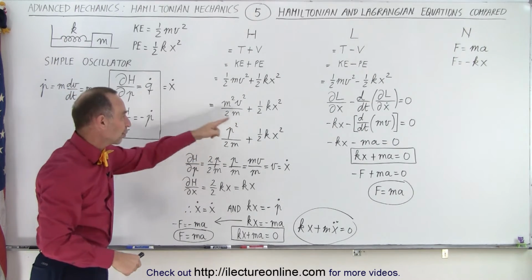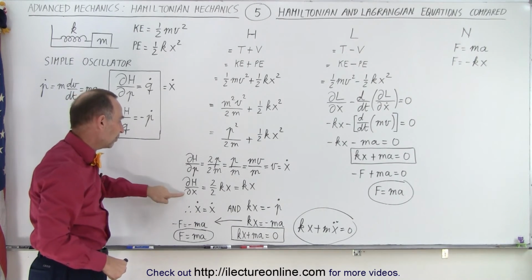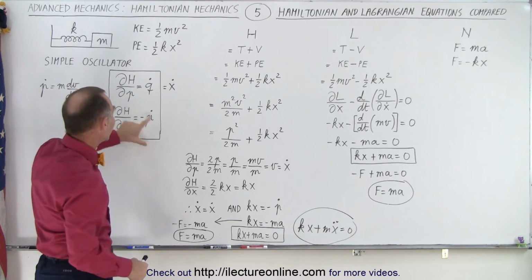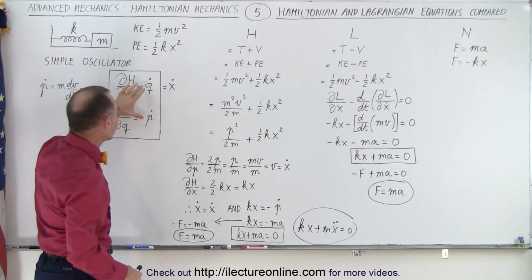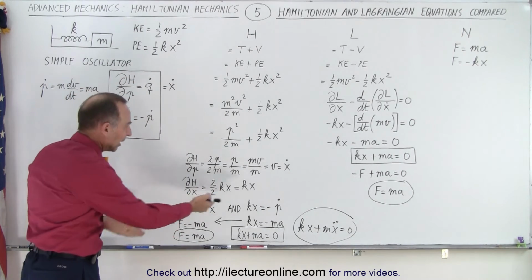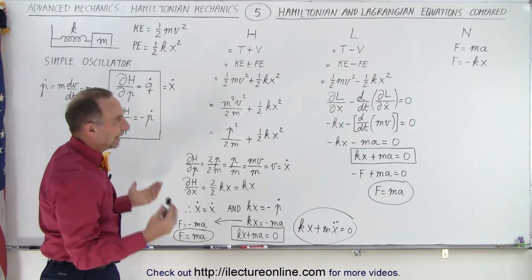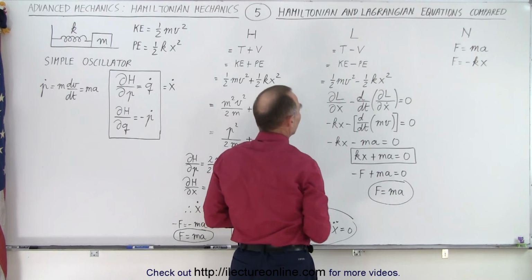We take our Hamiltonian equation, we take the partial derivative with respect to p, the partial derivative with respect to x, or the coordinate that we're dealing with, and then we set the results equal to the general formula, the general solution of the Hamiltonian equation, and from that we derive the proper differential equation and the proper solution. In the case of the Lagrangian, notice that it's the difference between the kinetic and potential energy.